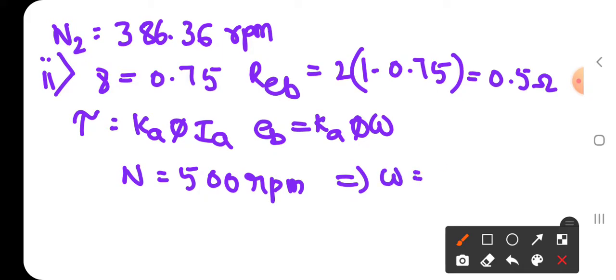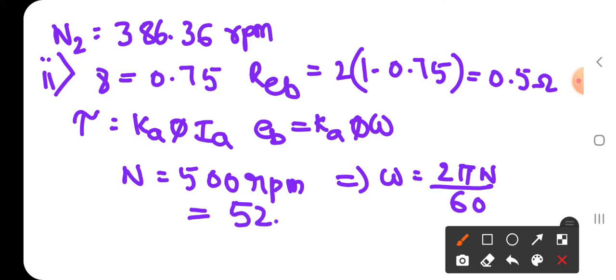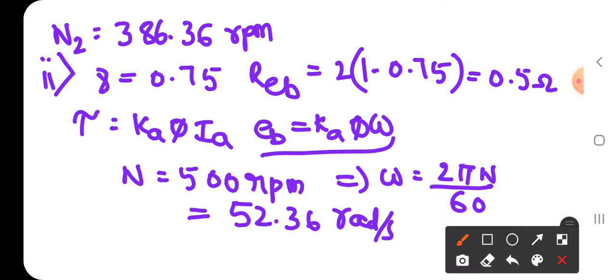Omega is 2 pi N by 60. It is 52.36 radians per second. Then from this equation, what is Ka phi? Eb by omega.